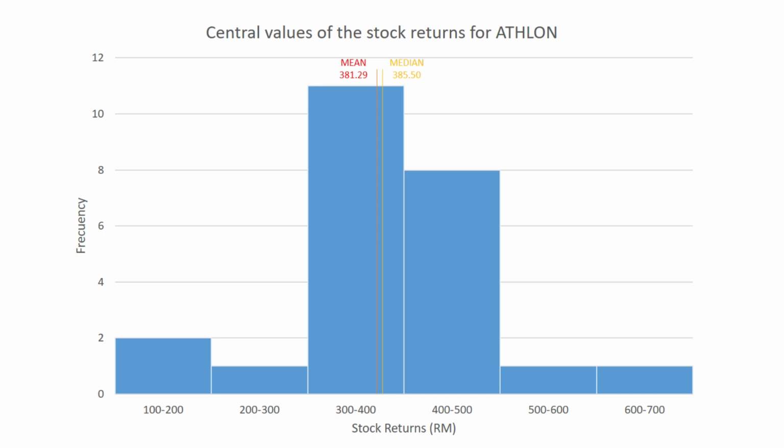Meanwhile, the median for the Atlant firm, which is RM385.50, is placed right there in the yellow line. From the graph, it also shows that the stock returns between RM300 to RM400 had the highest frequency, which means it is the mode for the firm.